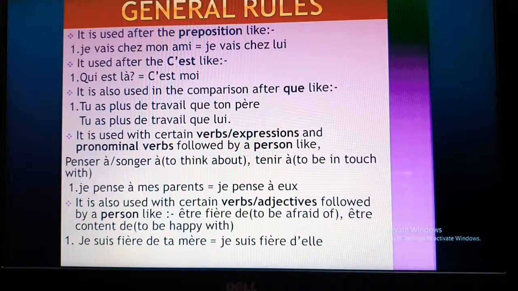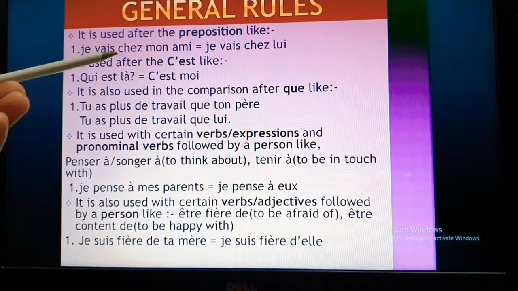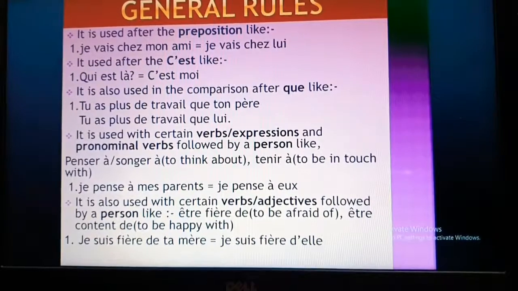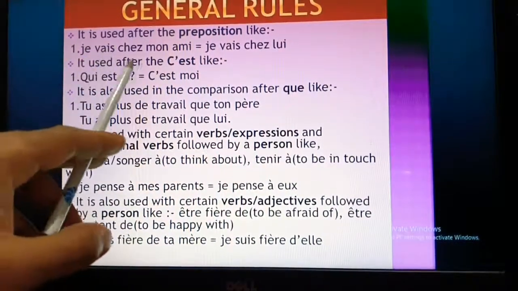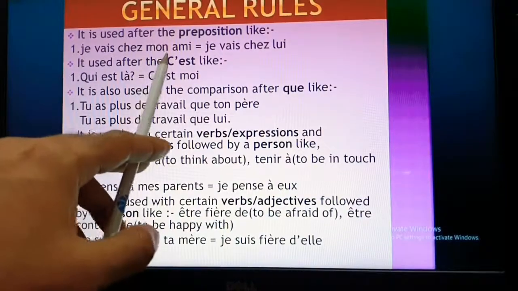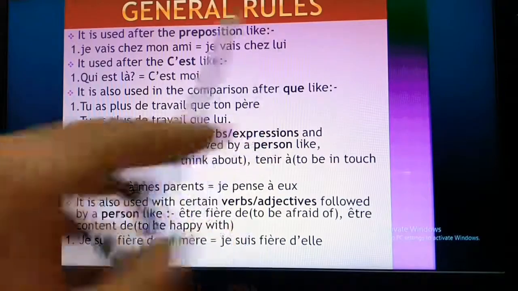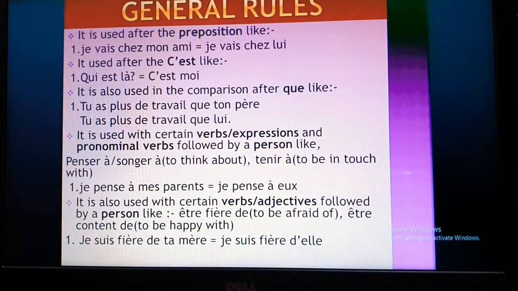It is used after the preposition, like Je vais chez mon ami. So chez is the preposition, so I have written chez and convert mon ami into lui. So je vais chez lui. Now it is used after c'est, like Qui est là? Who is that? And the answer will be C'est moi, it's me.